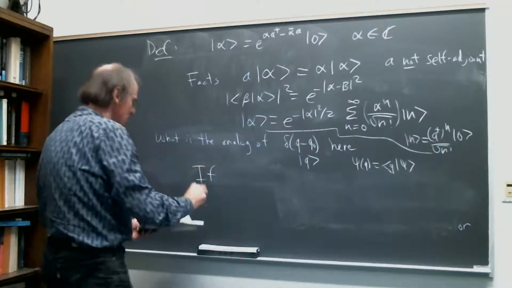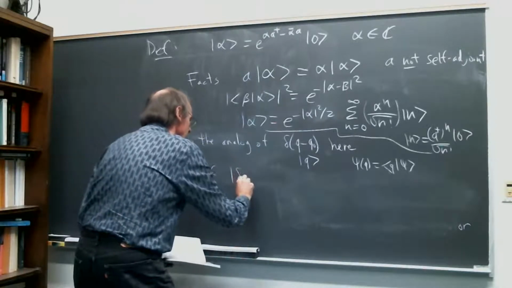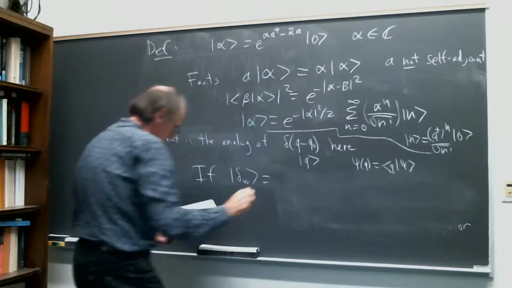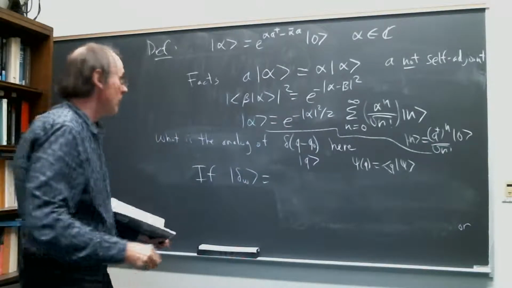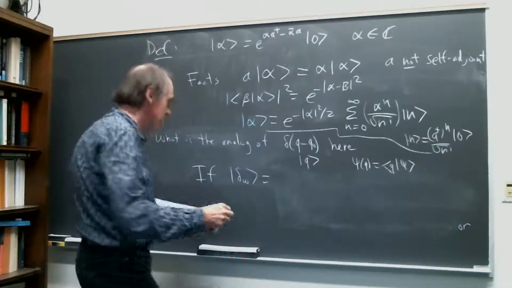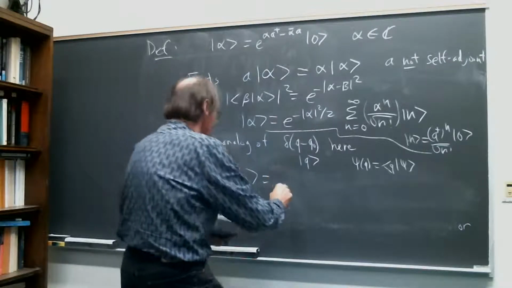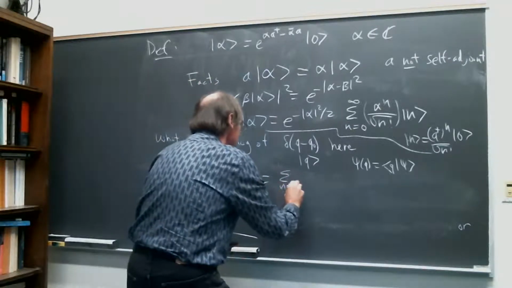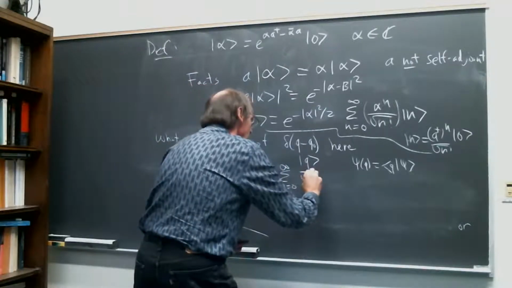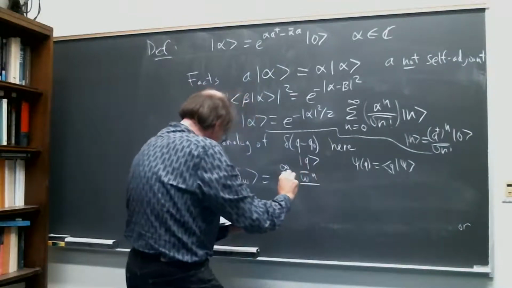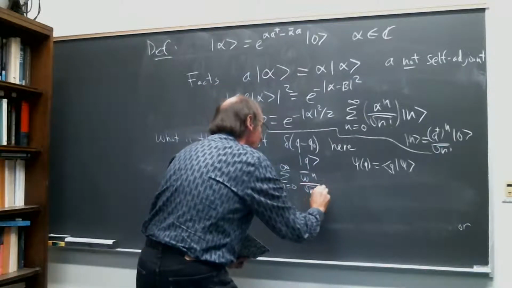What you do is, you define delta W to be equal to, well, there are various ways of writing it down, but maybe as the sum from n equals 0 to infinity of W bar to the n over square root of n factorial.